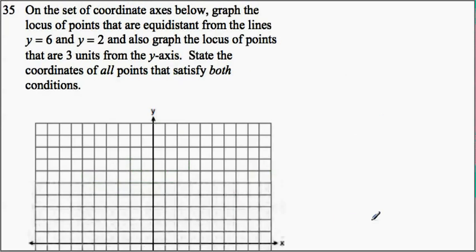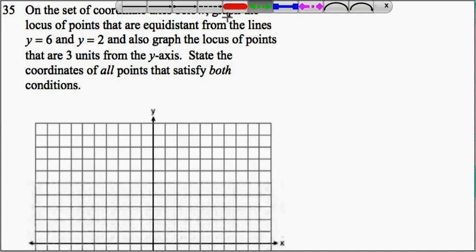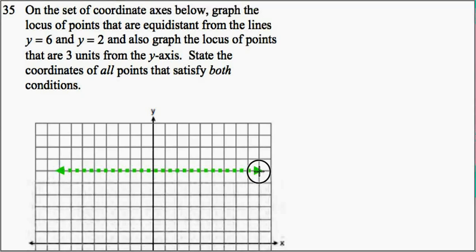Alright, let's look at number 35. They want us to graph the locus of points that are equidistant from the line y equals 6 and y equals 2. Y equals 6 is here. That will be y equals 6.